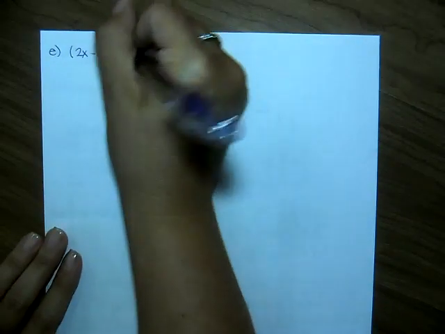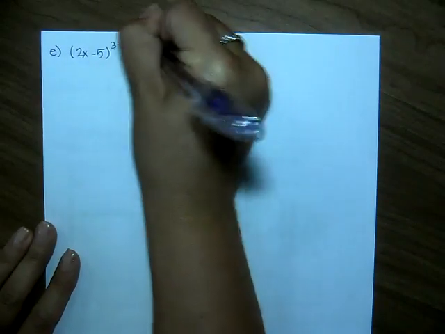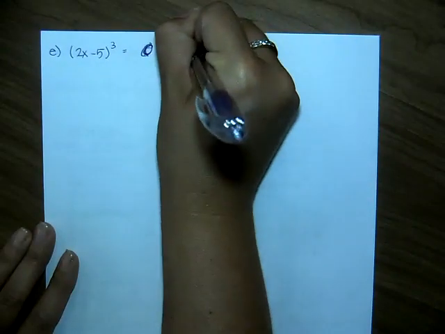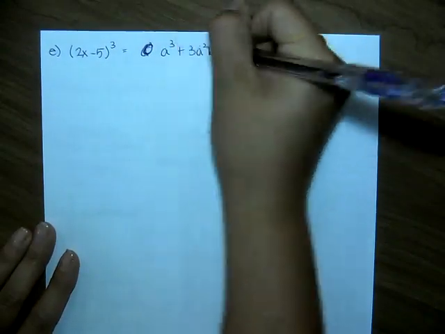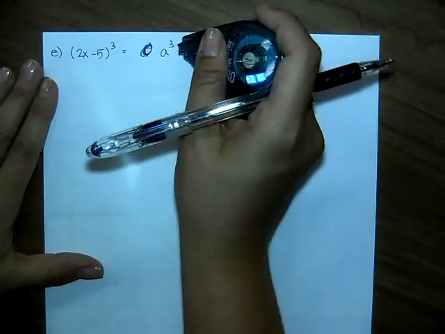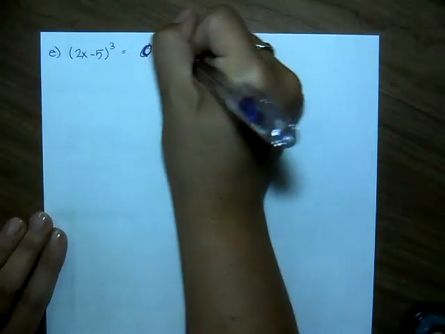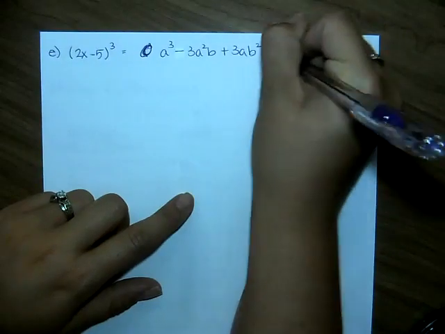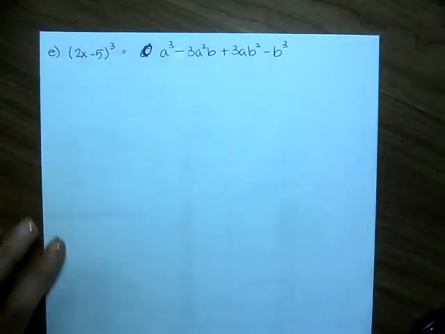I know that the pattern looks like a cubed, no, I'm sorry, a cubed plus 3a squared b, no, it's a minus, rewind, where's my white out? Okay, so remember it's a minus here because we're subtracting, and then plus 3ab squared minus b cubed.